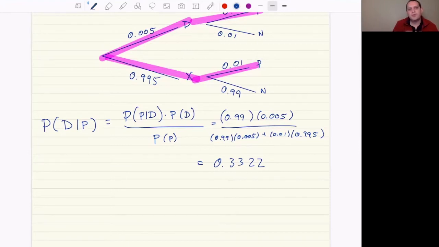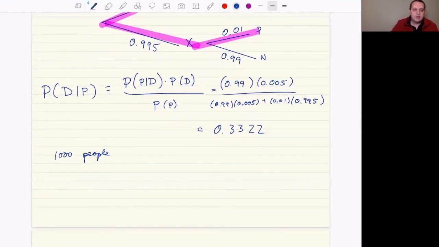But let's think about this. Let's say we have 1,000 people, a sample of 1,000 random people. We know that 0.5% of the population, or about 5 people, have the disease. And that means that the rest do not.